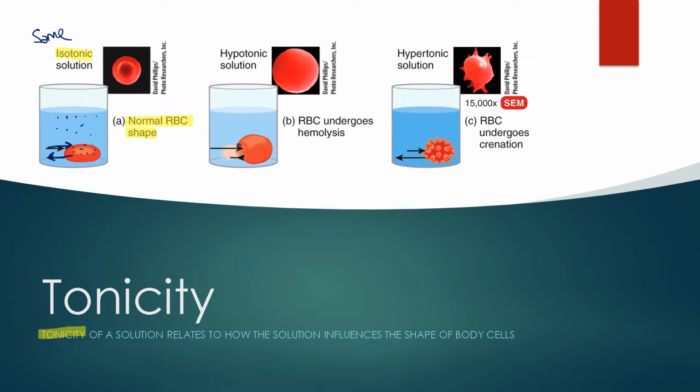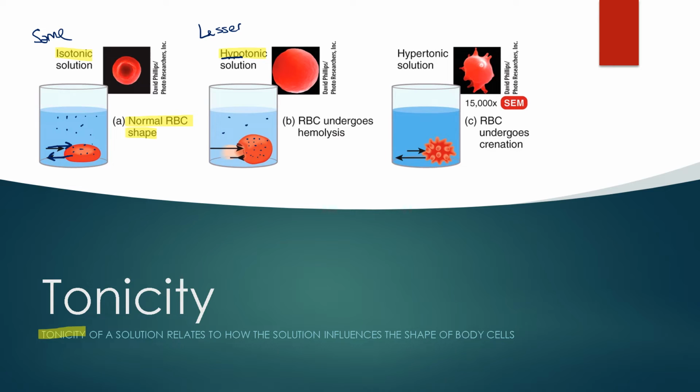Next, we have a hypotonic solution, and the prefix hypo means lesser than. What this means is that the solution around the red blood cell has a lower concentration of solutes than inside the cell. So we're going to have a much higher concentration of solutes inside the cell.